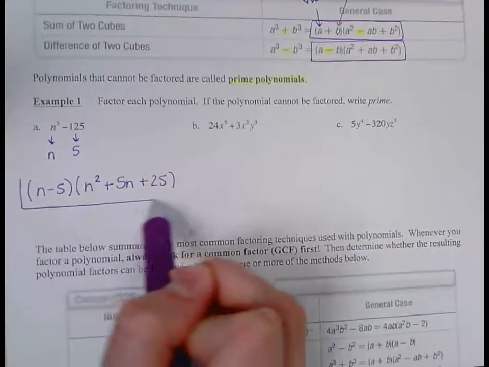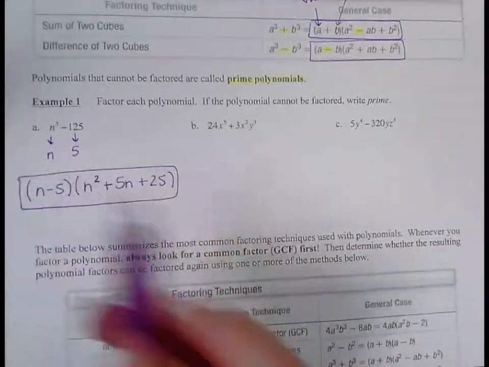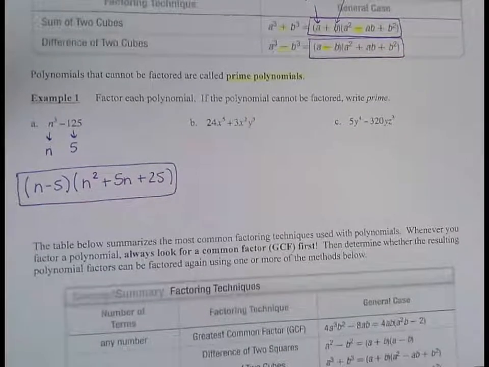And this is the factored form. Okay, so you have to identify it's a sum or difference of cubes, find the cube roots, and then just use the correct formula. You don't have to memorize it, you need to know how to use it. Questions on A?